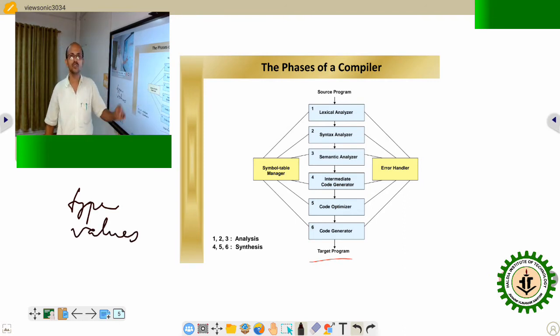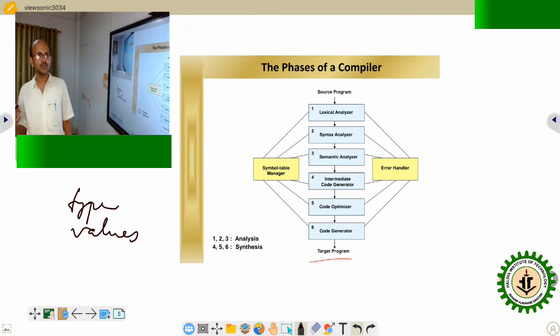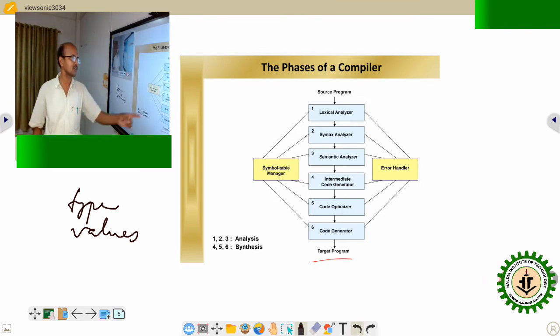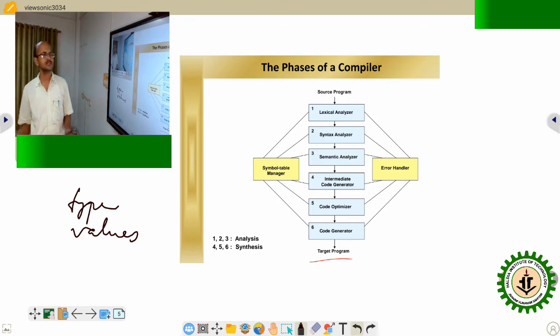We know that to err is human, so while you are writing the program many errors can occur. There must be a separate routine for handling the errors. It is not that once an error occurs the subsequent stages cannot be performed. Once the error is detected, it will guess how the error can be recovered, where the error has occurred, and so on.